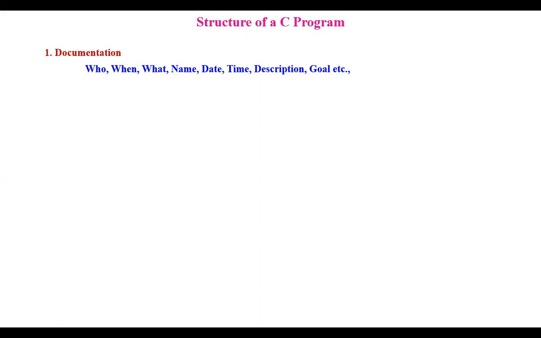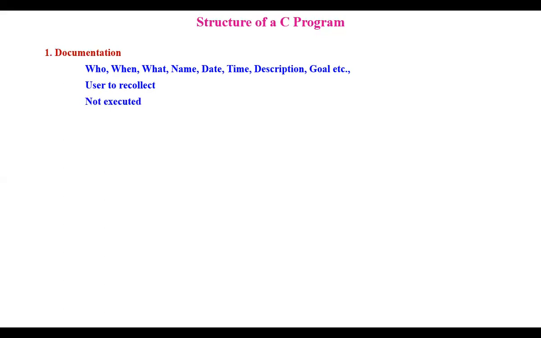So that is the basic purpose of writing this documentation. It helps the user to recollect. Suppose after some time you may forget it, but if you open that particular program, what for this is written, where it is written, the purpose and everything, we will be able to recollect. So the documentation should be clear.